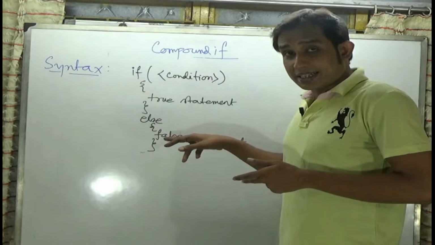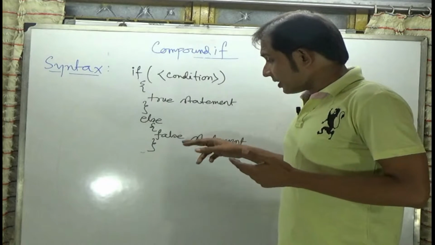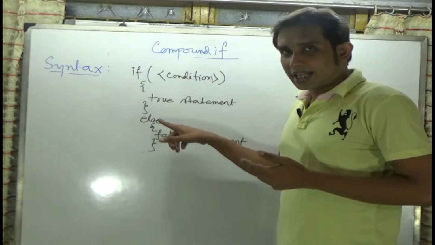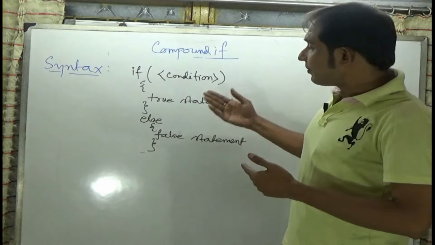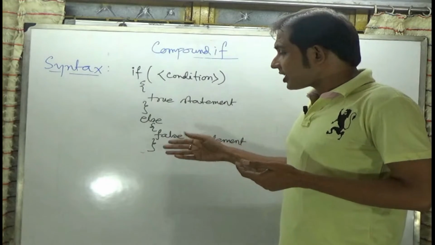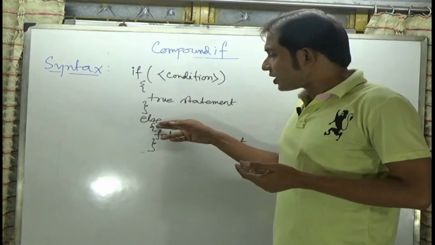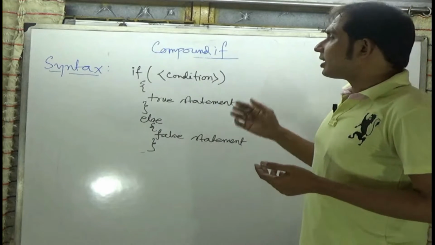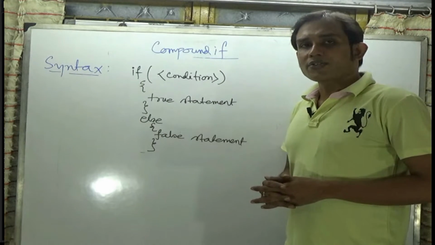But if the else contains more than one line, then you have to write the opening and closing braces for the else block. And likewise, if the false statement block contains only a single line, it is not mandatory to write the opening and closing braces. So this is the syntax for the compound if statement.